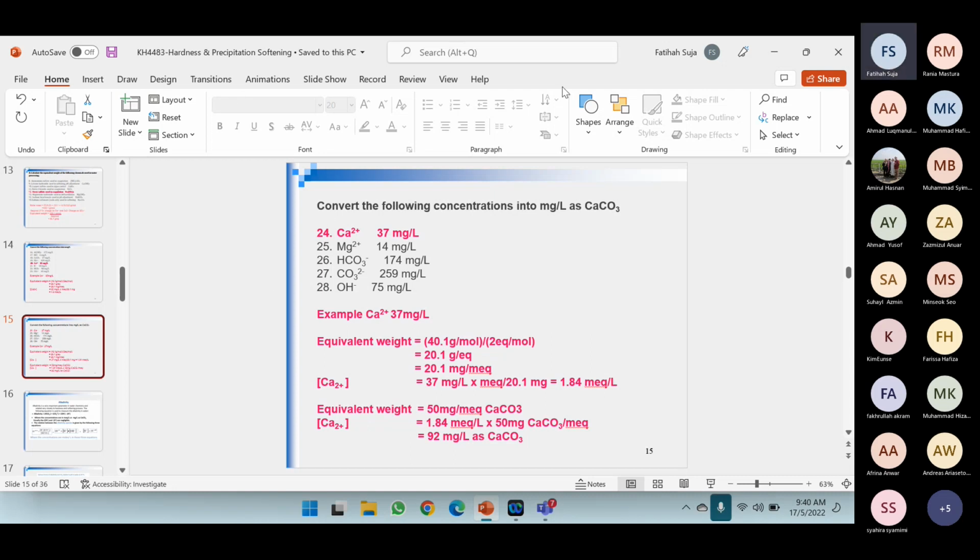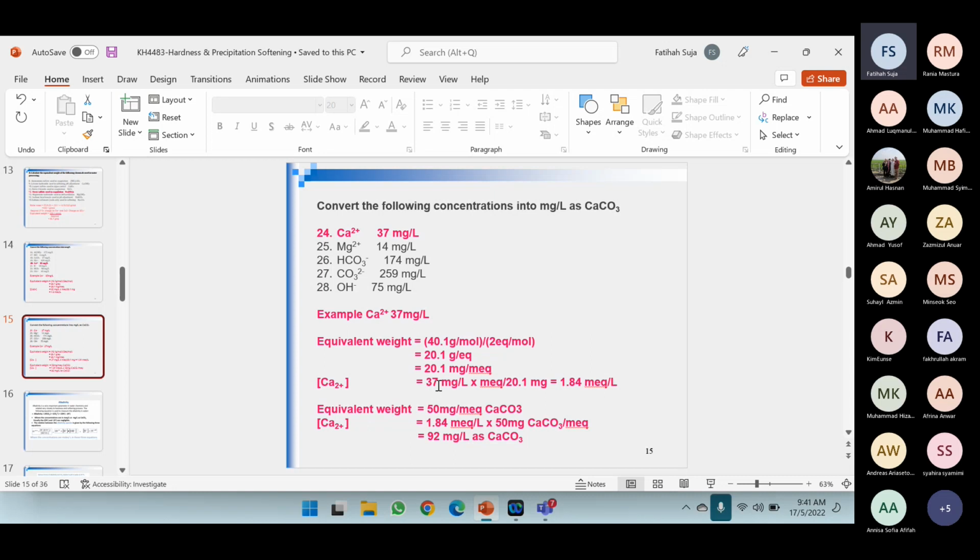Okay, so this is when you want to convert the concentration into milligram per liter as calcium carbonate. First, you need to find the equivalent weight. The equivalent weight you first get in gram per equivalent, but since the question is asking you to convert into milligram per liter as calcium carbonate, you convert the gram per equivalent to milligram per milli equivalent, because you see that they need milligram.